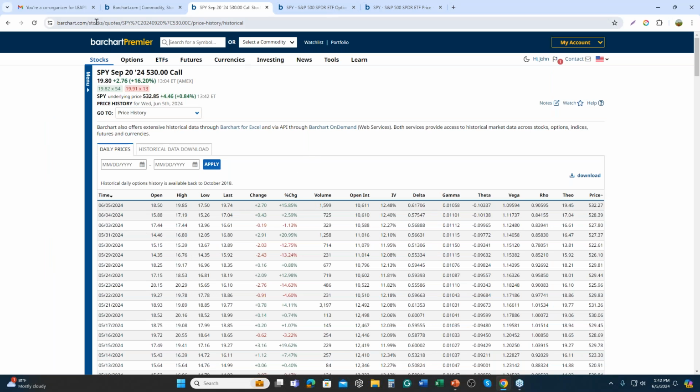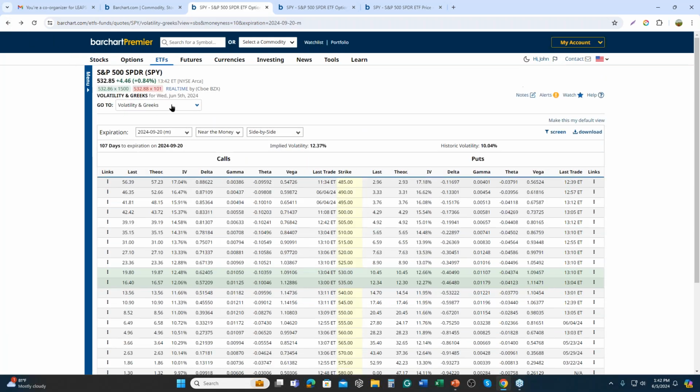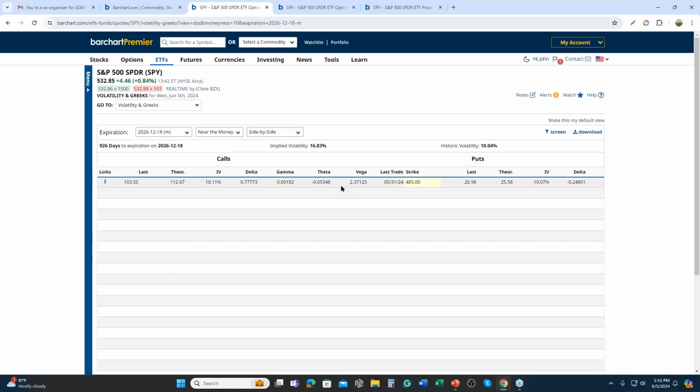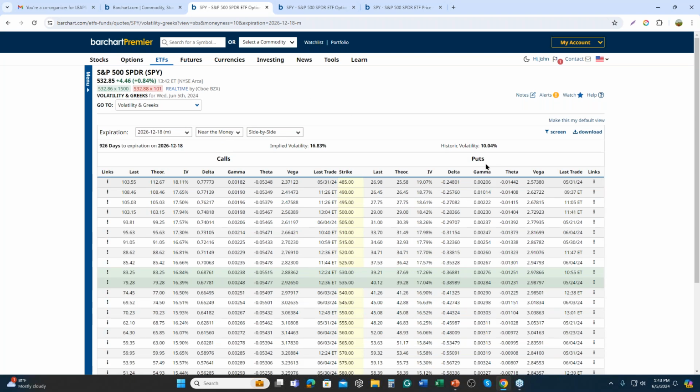So again, let's go back to our longer term LEAP, and now I'm on the put side here. Notice that our delta is different from our call side. As a matter of fact, it's significantly different. Those familiar with deltas know that with short-term options you'll see the puts and calls will be very close to that 50% or 50 cents.